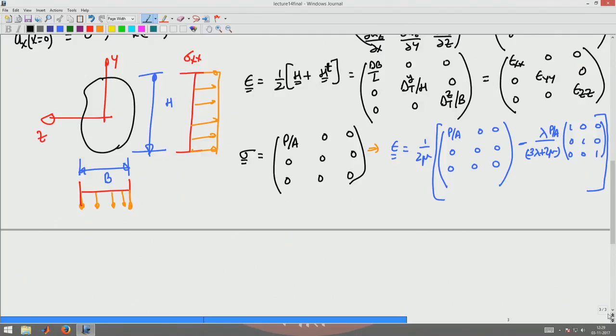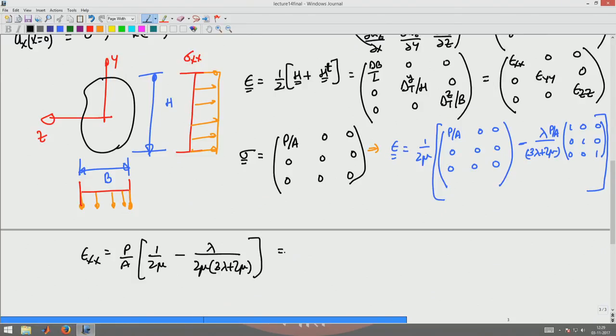epsilon xx would be given by p by a into 1 by 2 mu minus lambda by 2 mu into 3 lambda plus 2 mu. Okay.